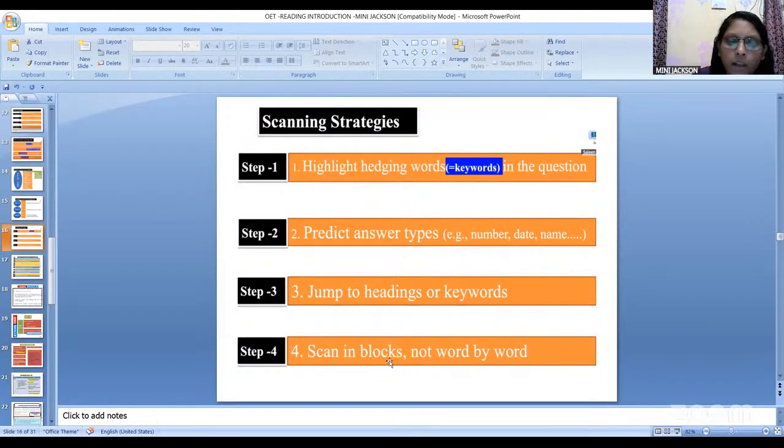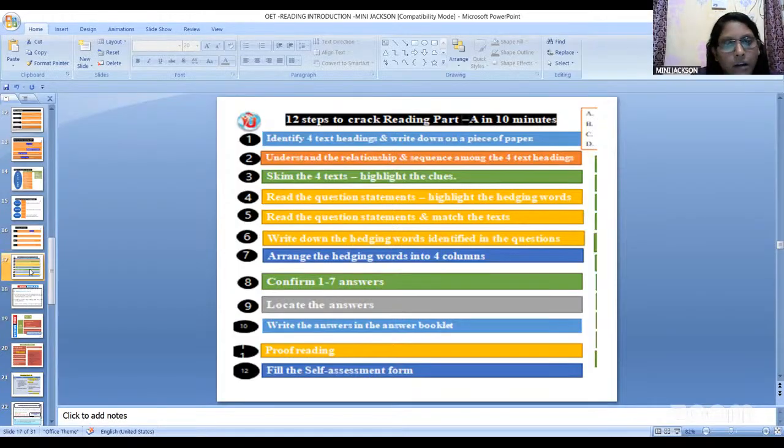That means we can scan the text, but not word by word, because we can't read each line. So we go into focusing mode on the important or specified instructions. This is the important thing altogether: how we can understand 12 steps to crack reading Part A in 10 minutes.